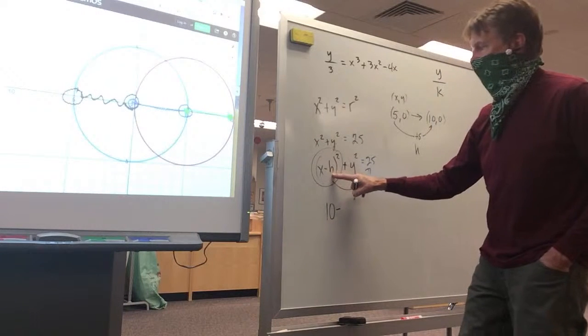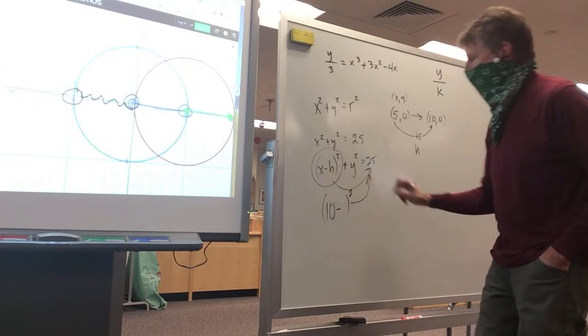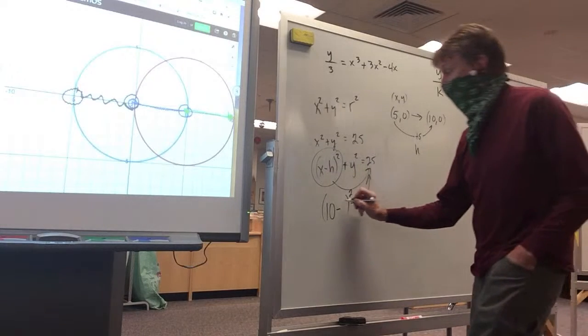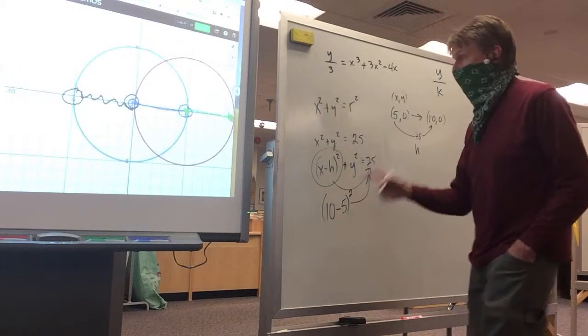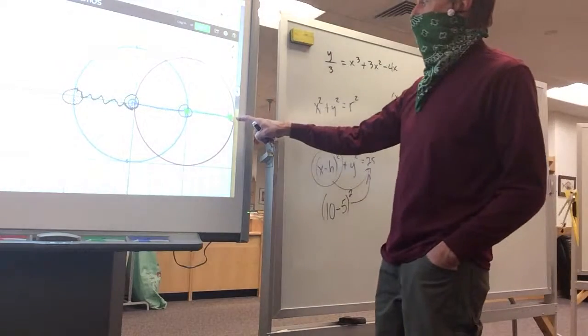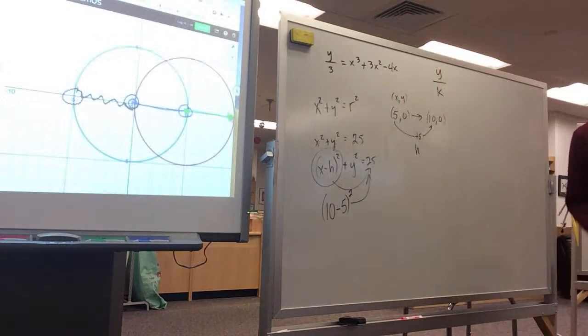What do I need to subtract from 10 so that when I square it, it equals 25? 5. You subtract 5 from 10, and then you have 5 times 5 is 25. That gets you this point out here. Take a minute and look at that. Come up with a question for me.